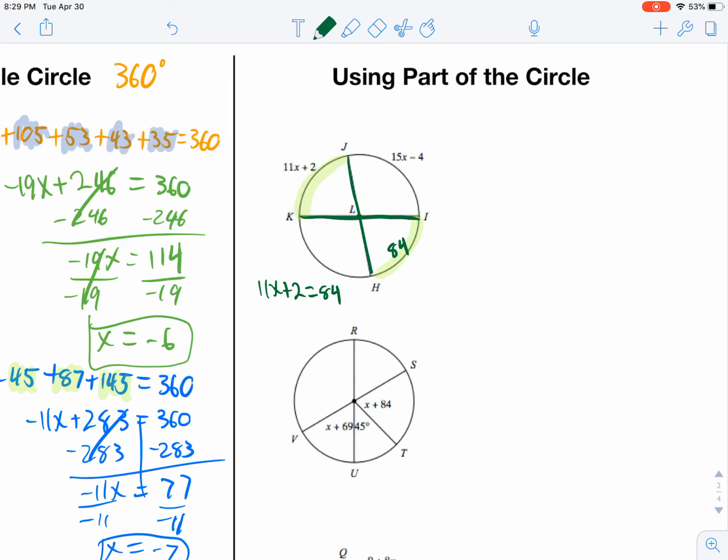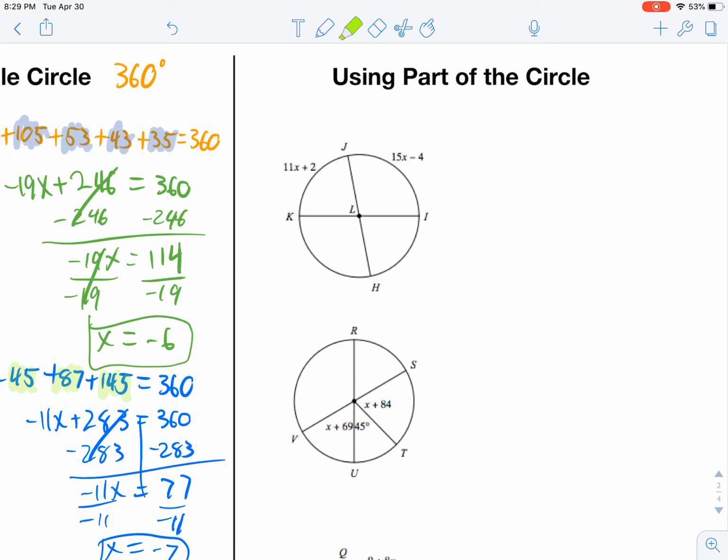Okay, and then you would just solve for x, like you solve things every day. Okay, we don't have any example of those, so you don't have to write any of that down. Just know it.